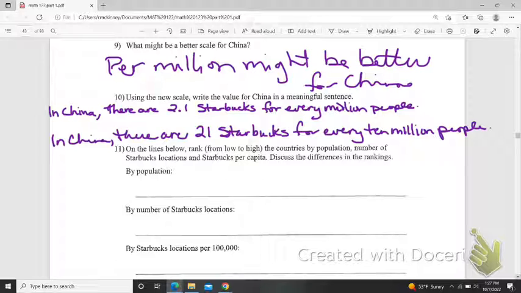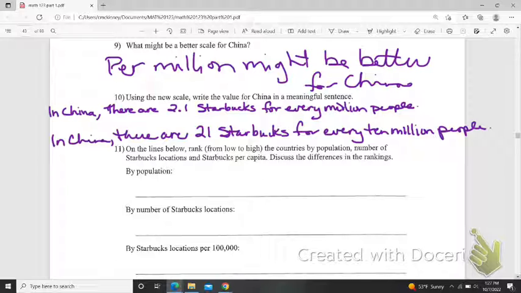I think either of those would be much easier to understand, or even just to say 2 for every million gives us much better to understand than looking at it per 100,000.